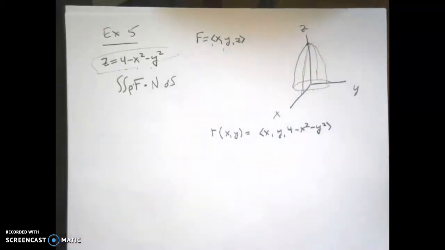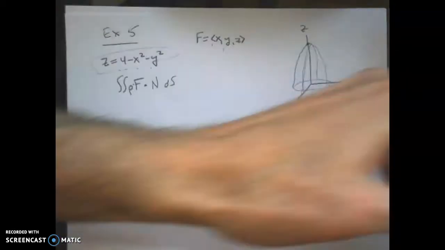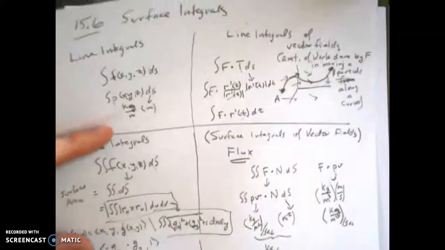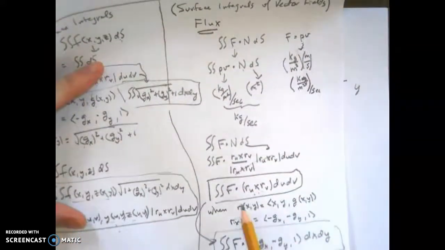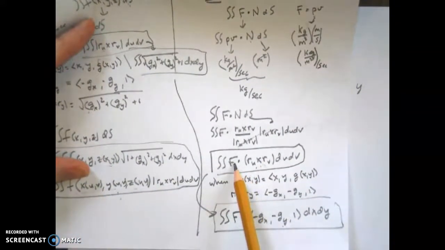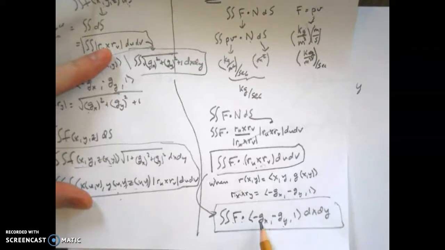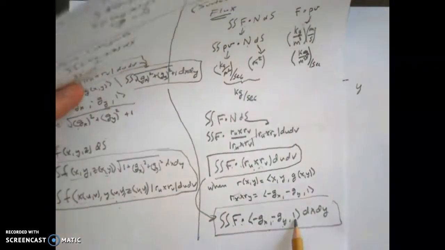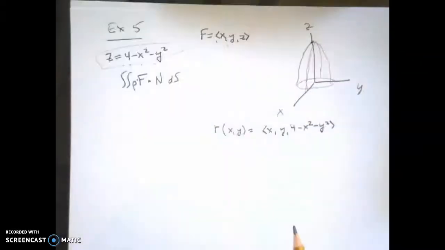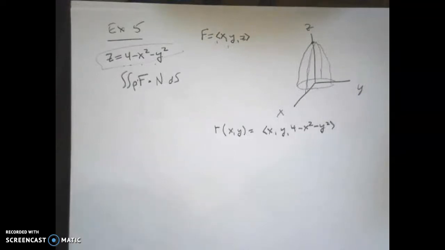So this is the simplified version. Remember, for flux, if we look at our chart, there were two options. We would do f dotted with this cross product, or if z is a function of x and y, we could do f dotted with opposite g sub x, opposite g sub y, and 1. That's the one we're going to do here.